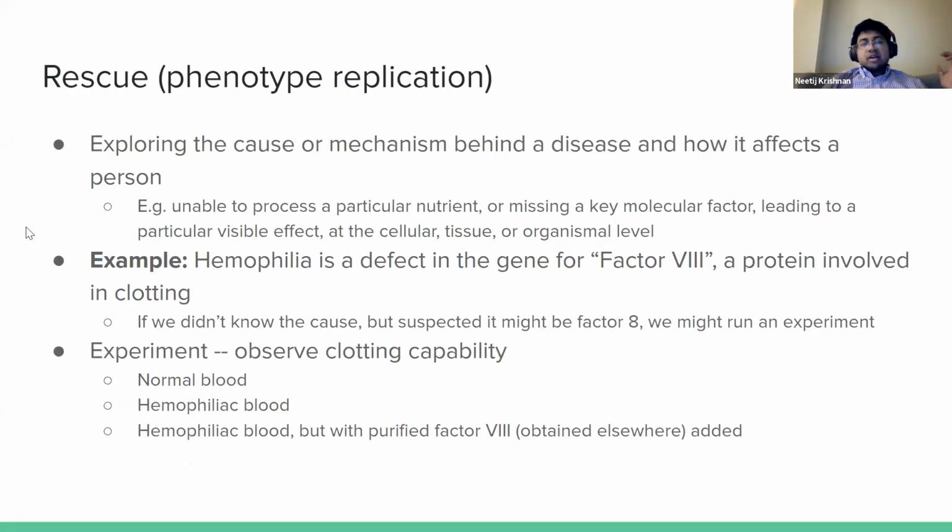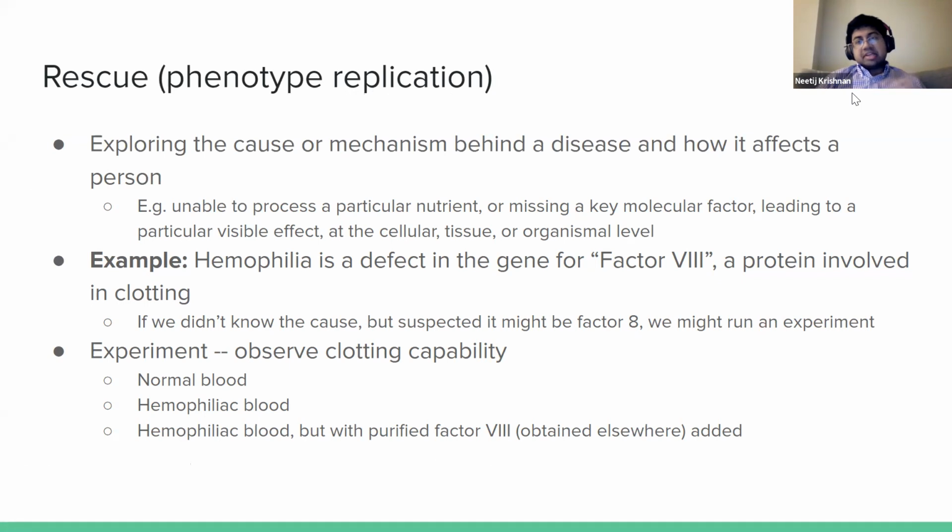Essentially the goal is to explore the cause or mechanism behind disease and how it might change a person's phenotype. So maybe someone's missing an enzyme, so they can't process a particular nutrient, or they're missing a key molecular factor. Essentially something that leads to a visible effect at some level physiologically.